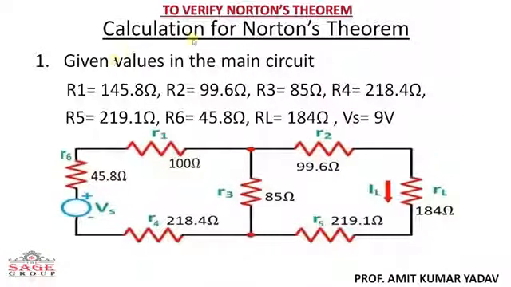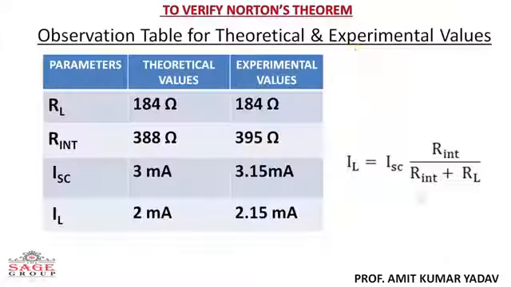After this experiment we can see that we have set the source voltage approx 9 volt, and these are the values of resistance connected in the circuit, and in that circuit we have taken a load terminal whose value is 184 ohm. Now in this part we are going to see the difference between the theoretical and experimental readings.